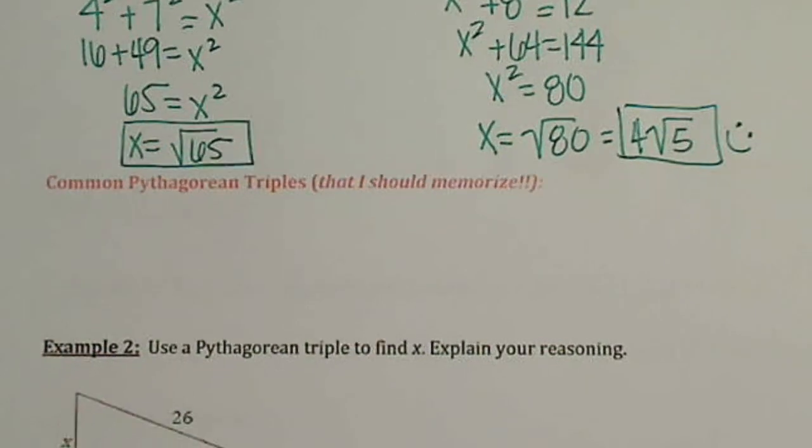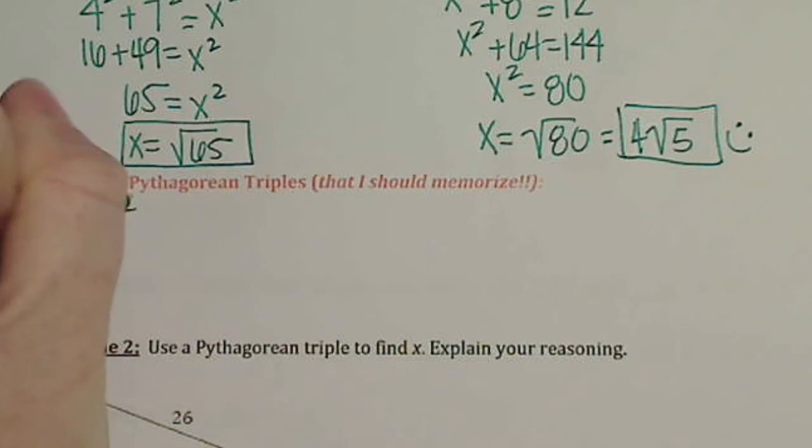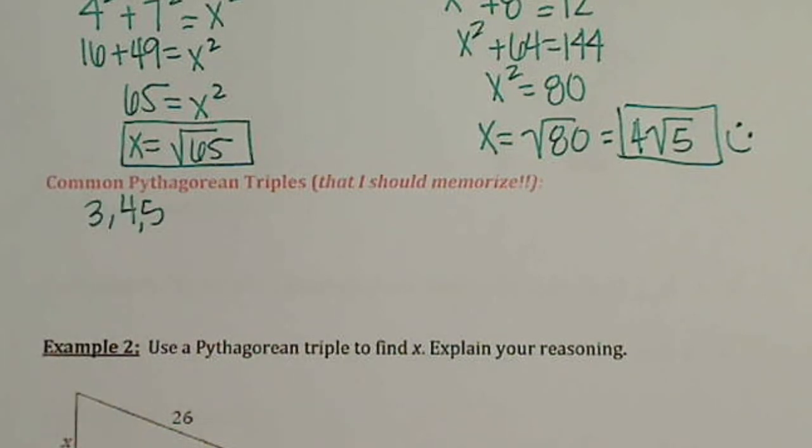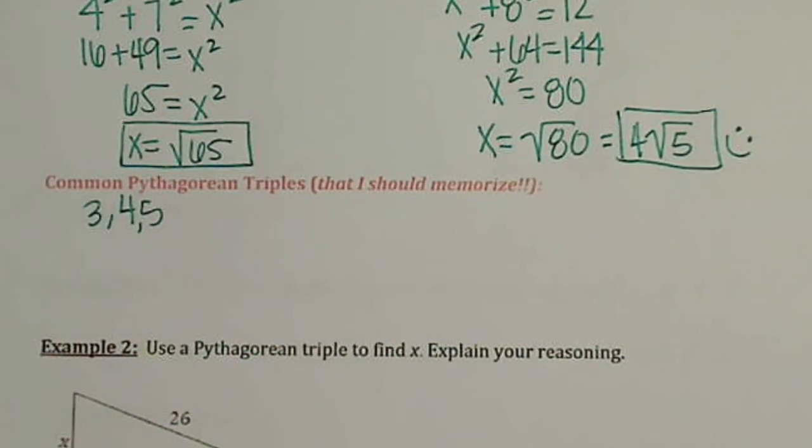But Pythagorean triples are 3 sides of a triangle that when you plug them in to the Pythagorean theorem, you don't get ugly decimals. Sides like 3, 4, 5. It could also be a multiple of that, like 6, 8, and 10. So any multiples of these are also triples.